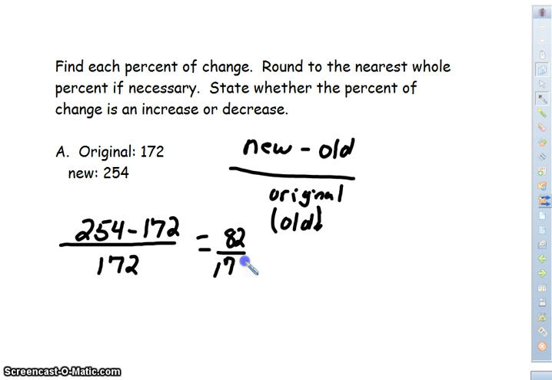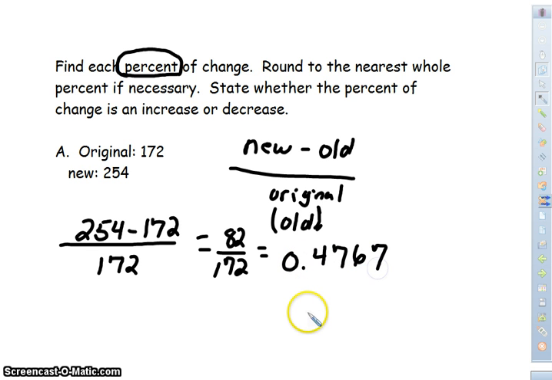over 172. Now remember, you got to finish this. I had somebody the other day just leave it 82 over 172 and they thought they were done. No, you've got to complete this by dividing it now by 82 divided by 172, because again it is asking you for each percent of change, and it's going to give you a decimal point, which in this case, and you're rounding to the nearest whole, so 0.4767.